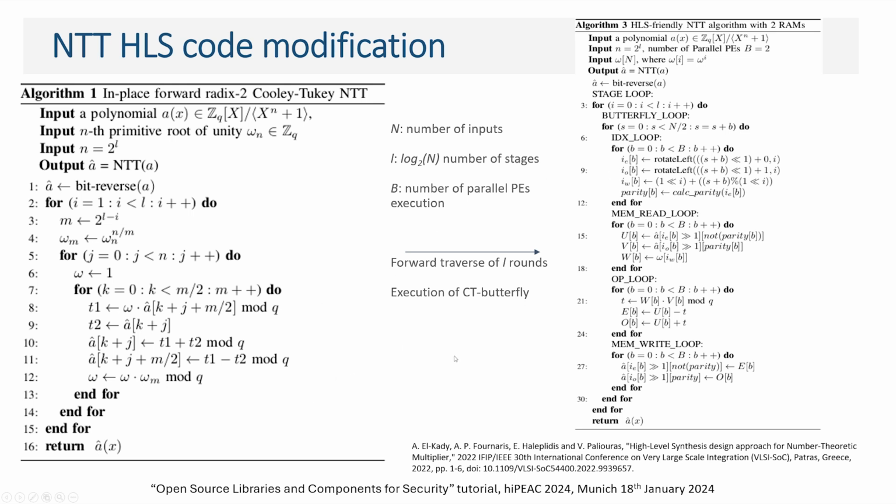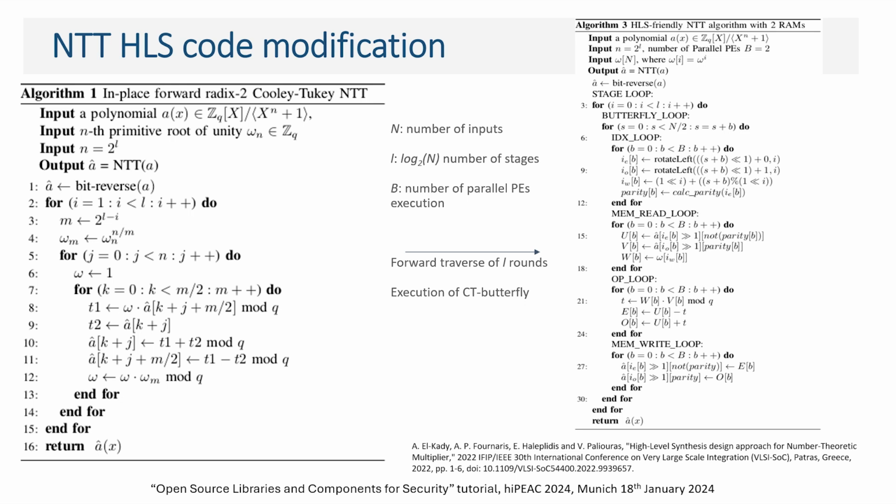We transform this algorithm into the algorithm on the right, traversing all the stages, and for each stage we have a butterfly loop based on parallel loops of the parameter B: the index calculation loop, the memory read loop on these index calculations, the operation loop which works on the memory previously accessed, and the loop that writes the calculations back to the memory.